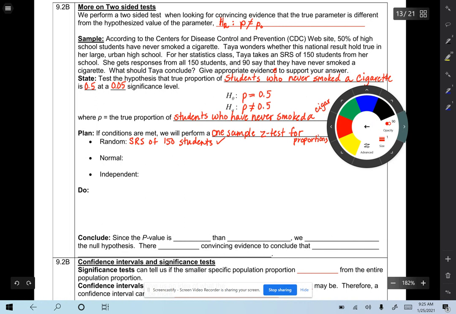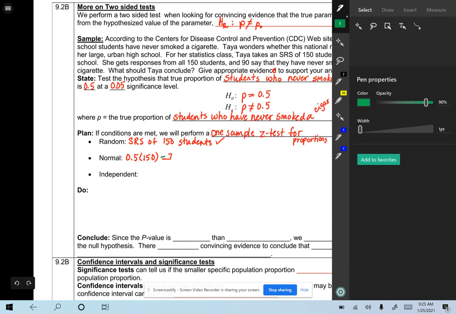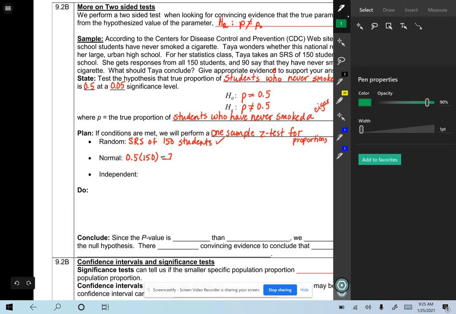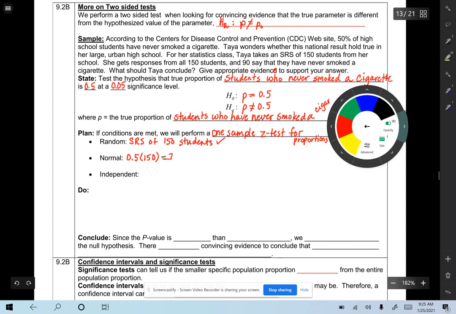For the normal condition, we are going to take our value from the null hypothesis, so 0.5 times the sample size, and that is equal to 75, which is greater than or equal to 10.